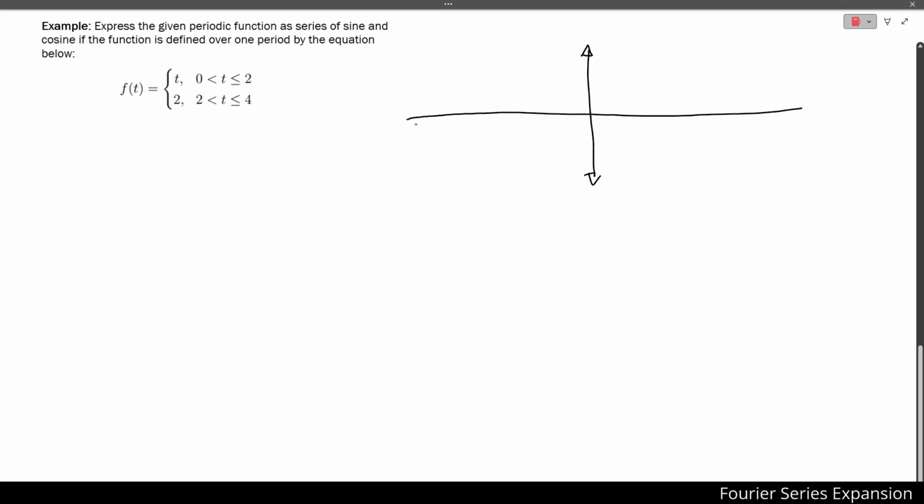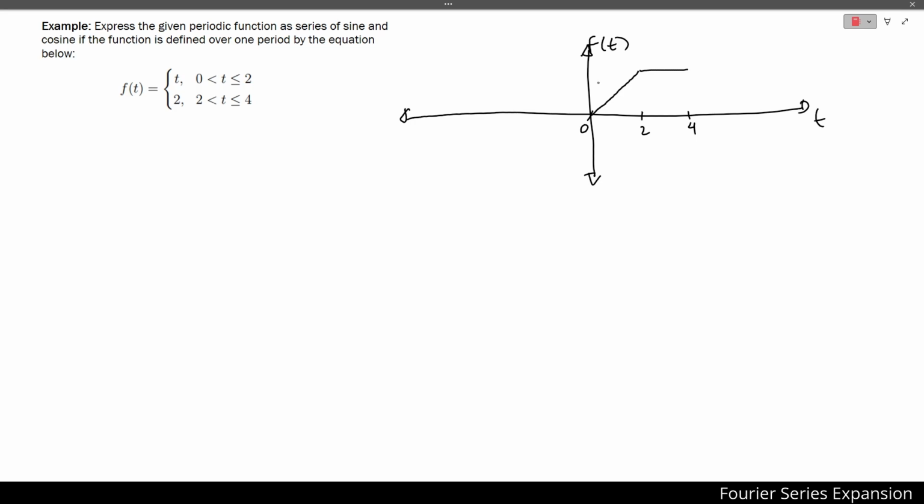Let's draw the number line. This is f of t, and this is t. This is 0, this is 2, and this is 4. From 0 to 2, f of t is equal to t, so this will be a line like this. Then from 2 to 4, f of t is equal to 2.